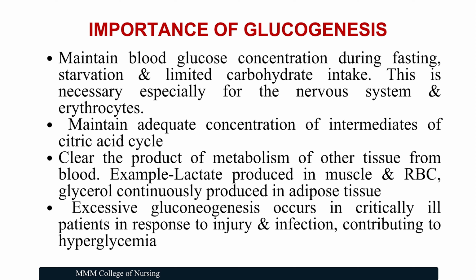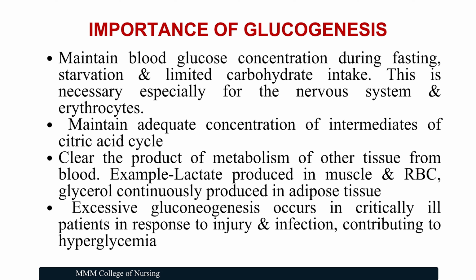For example, lactate is continuously produced in muscle cells and RBCs during exercise. Glycerol is continuously produced in adipose tissue when fats are broken down. All of this can be converted and used for glycogen storage, which clears them from circulation.